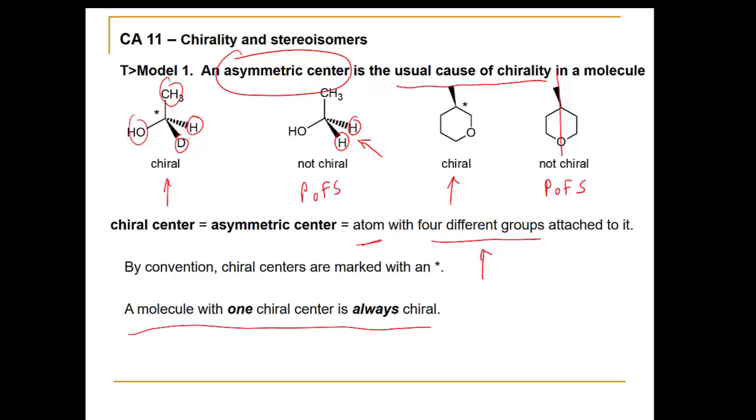In the other example, note that we have a hydrogen coming off of our chiral center, we have a CH3, and then we have CH2 and a CH2. At first you might say, well, that's the same. But in order for it to be the same, it has to be completely the same, however long the chain is.